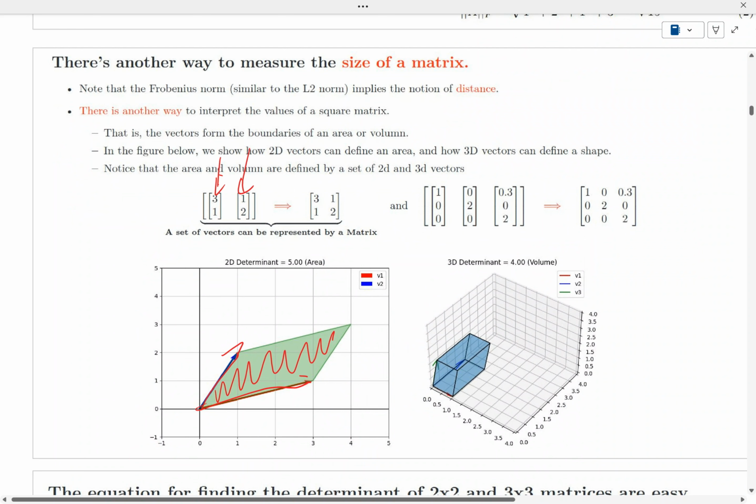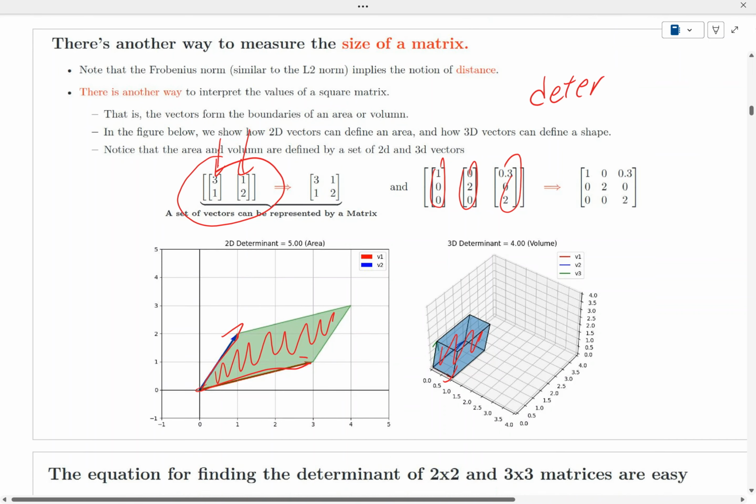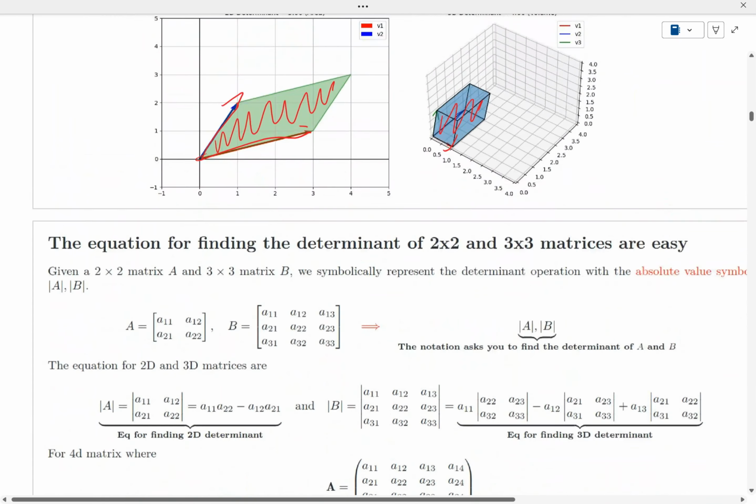So you can picture size as area as well. In this particular case, we have 3D, so we have three vectors, and we're trying to find the boundaries here, and we're trying to find the volume. So when we find area or volume, that is the second one we're talking about today, and that is called the determinant.